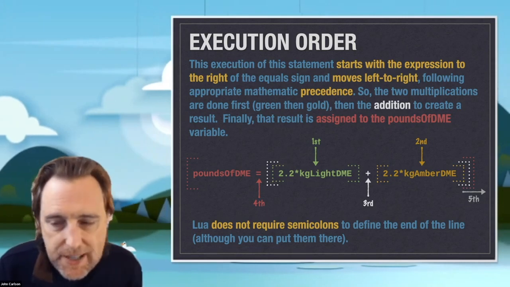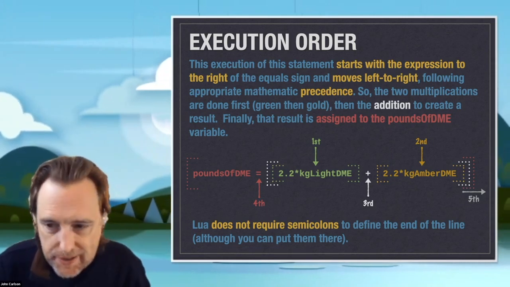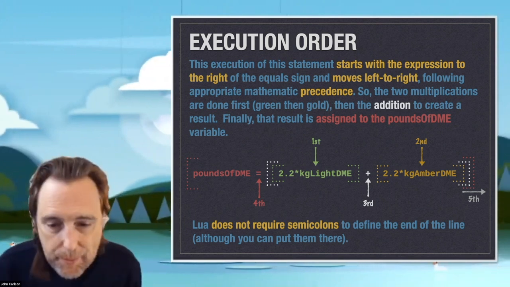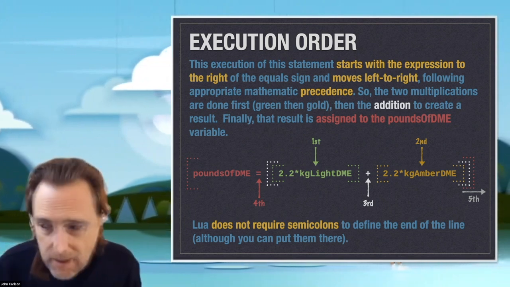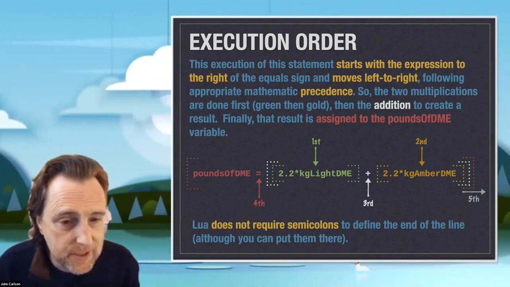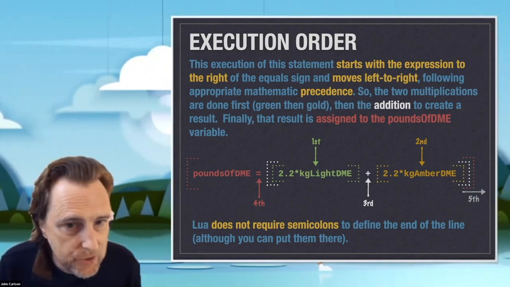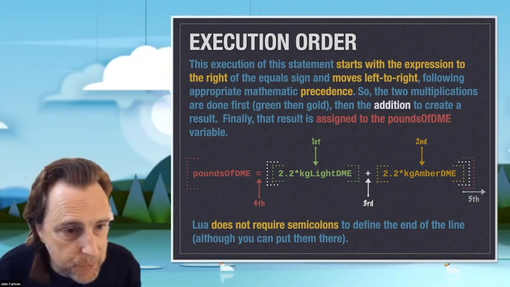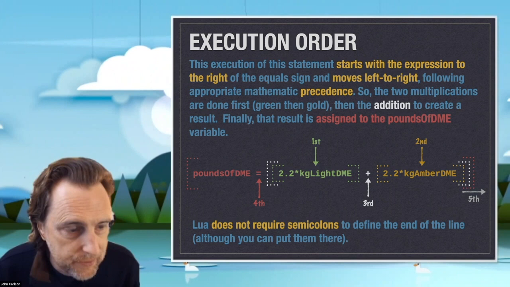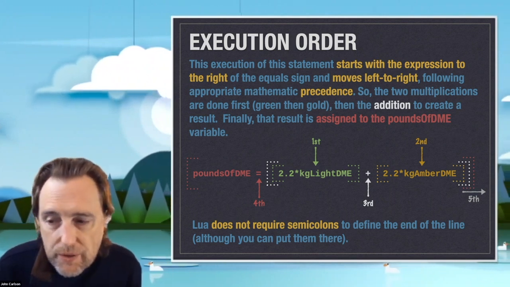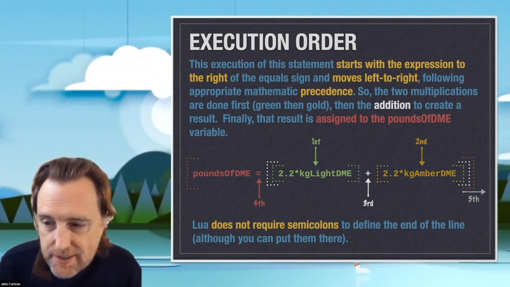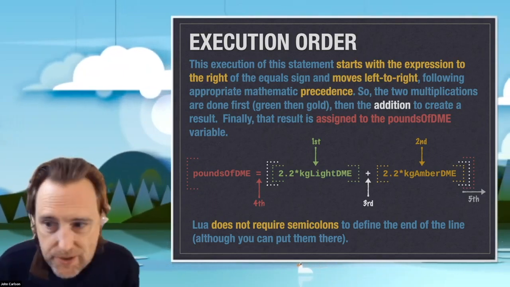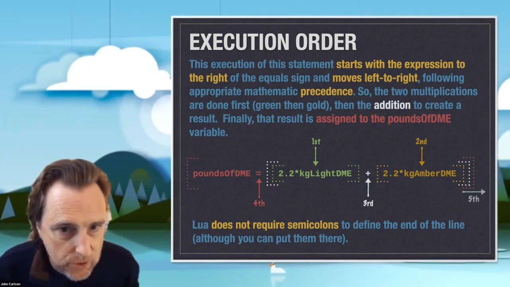So the first thing that's executed in this statement is that first green multiplication. And then mathematic precedence is applied, and multiplication is of higher precedence than addition. So the flow of execution jumps to the gold colored part of the expression, which is the second multiplication. The third step in the flow of execution then is the addition. There's no more math to do, and the addition now has precedence, so the addition is carried out.